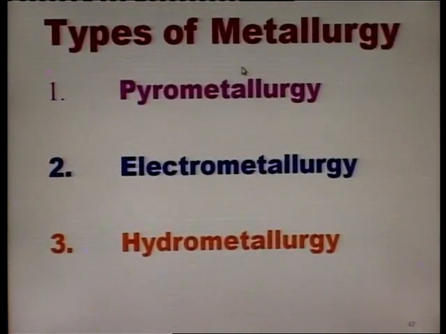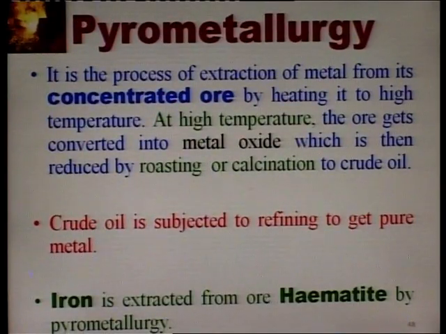Types of metallurgy. First is pyrometallurgy, second is electrometallurgy and third is hydrometallurgy. Pyrometallurgy is the process of extraction of metal from their ore by heating.